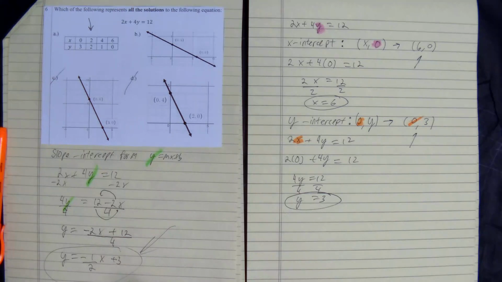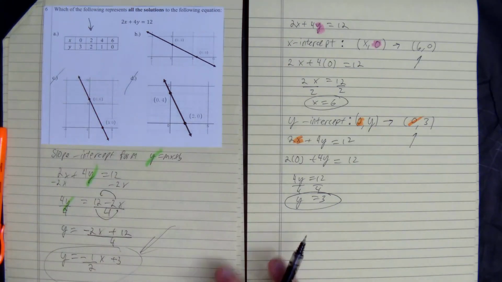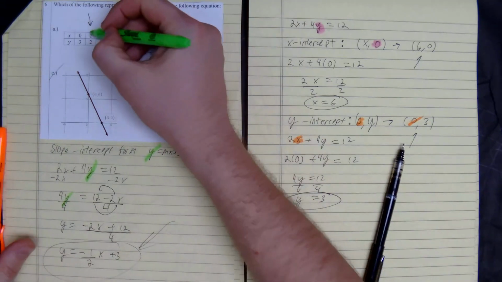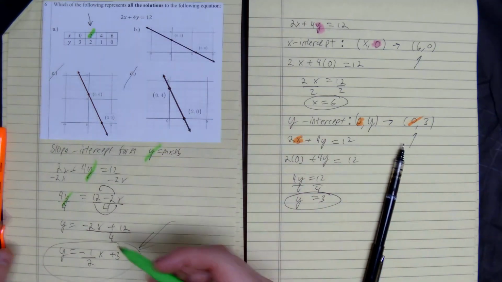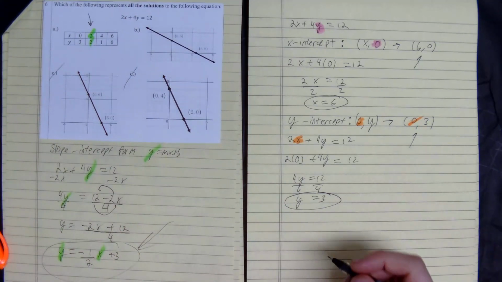Let's see how this looks. Let's just plug in a number and see if it works for this equation. Let's plug in a 2 and a 2 and see if we get our answer. Okay. Let's plug it in.